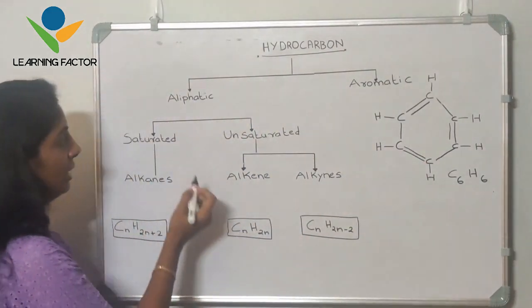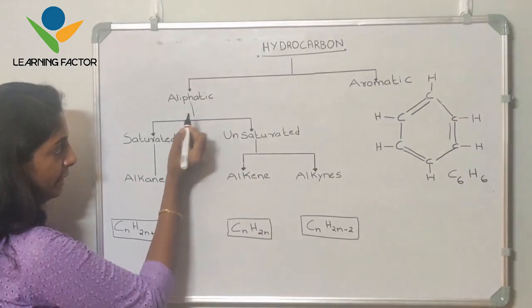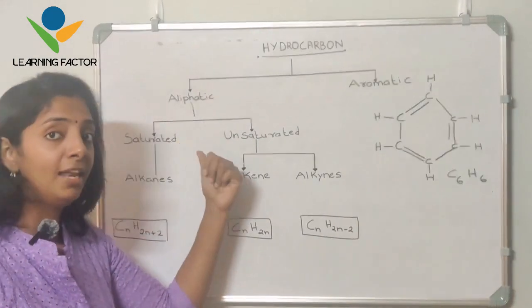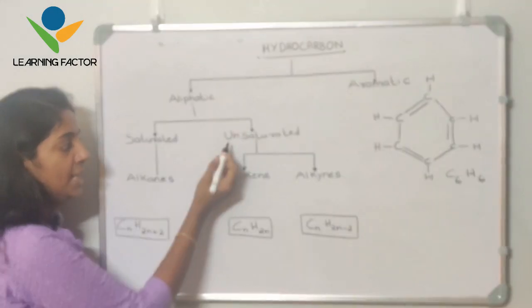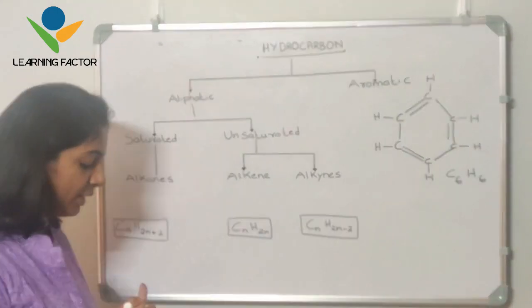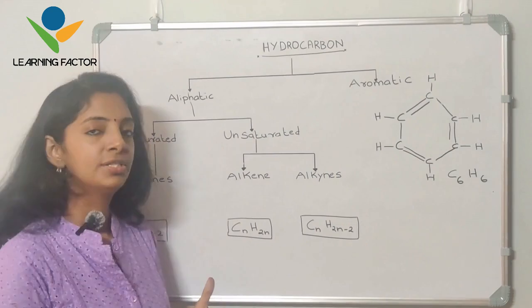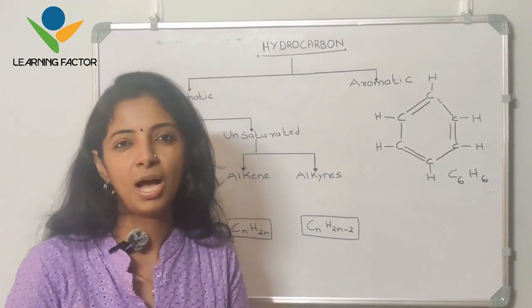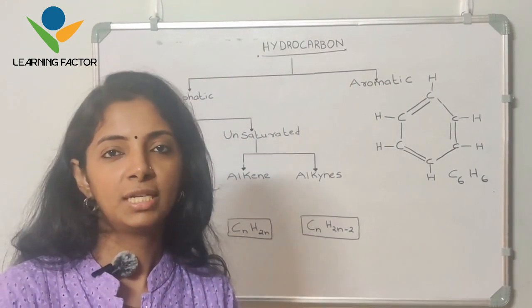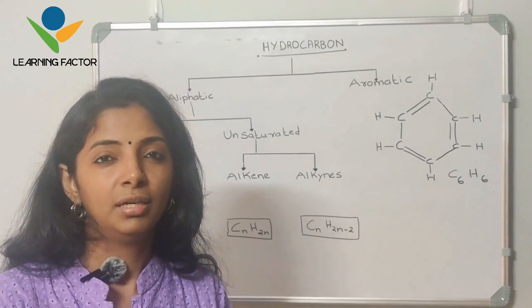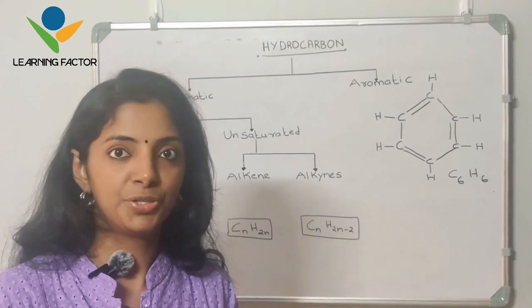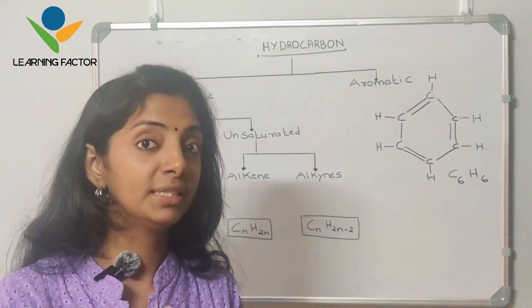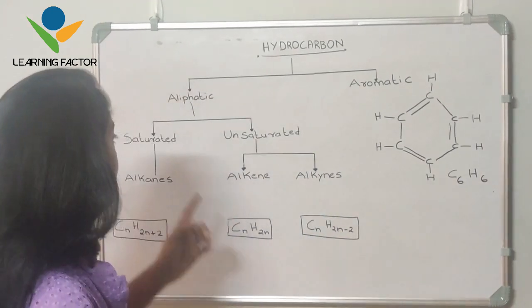Now let's come to aliphatic. Aliphatic compounds are of 2 types: saturated and unsaturated. For example, when you are studying for a long time, you might say, I am full, I'm saturated. That is the same meaning here.